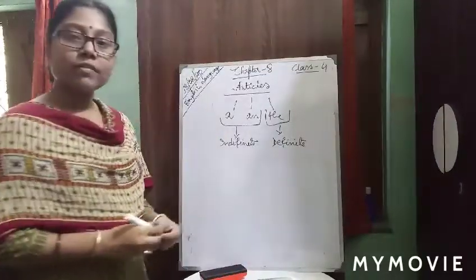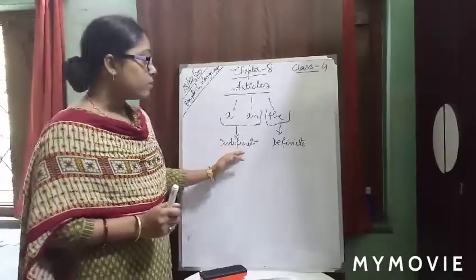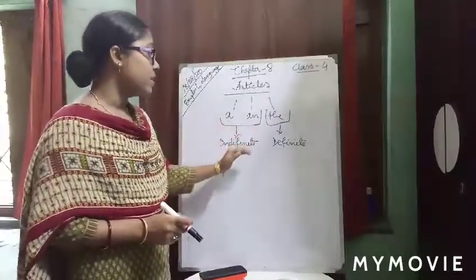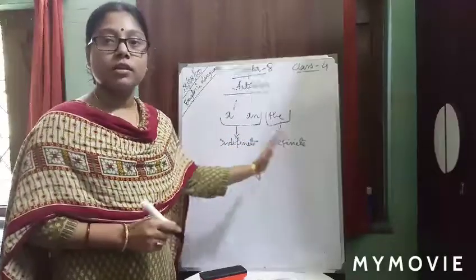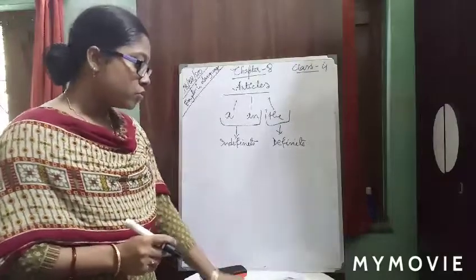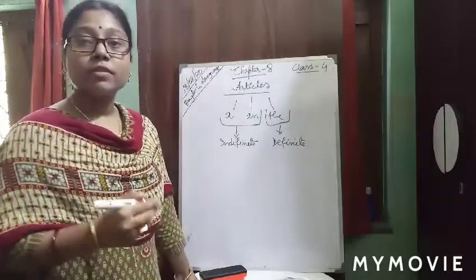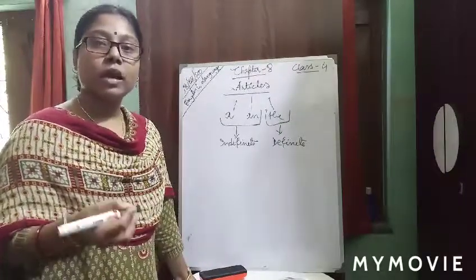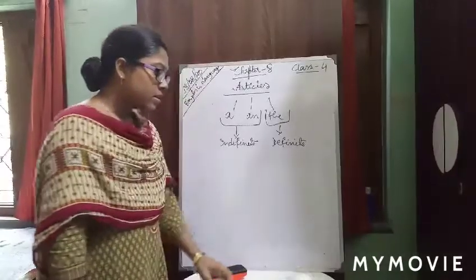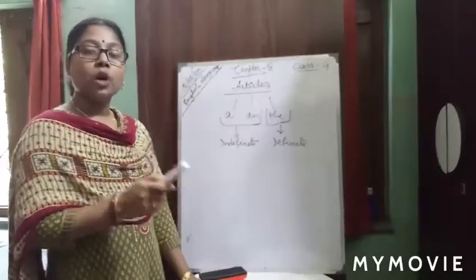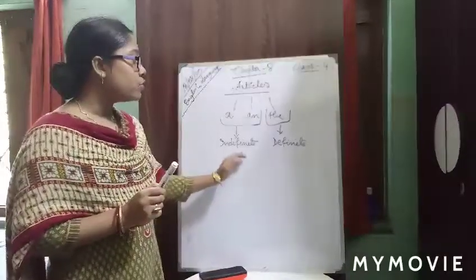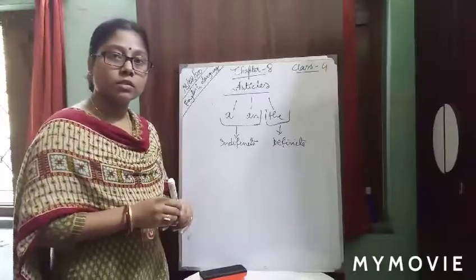We have discussed these with examples, why A and an are indefinite and the is definite. Related to that, we discussed two exercises and I said to do one at home. Now you see that the articles the, a and an, both definite and indefinite, where to use and how to use, that also we have discussed.